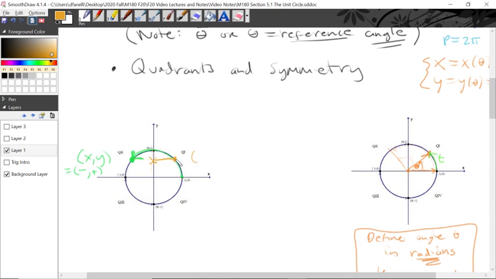In fact, in quadrant 1 we would have the absolute value of x, because it would have to have a positive x-coordinate, but the exact same value of y. So they share the same value of y and the same magnitude of the x value, but a different sign in this scenario.